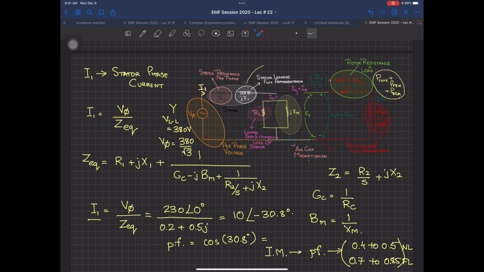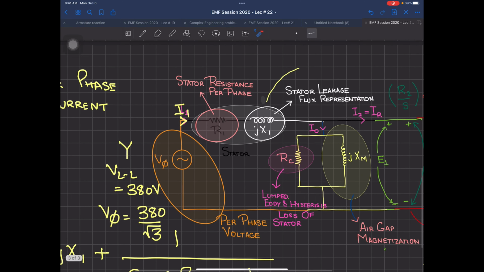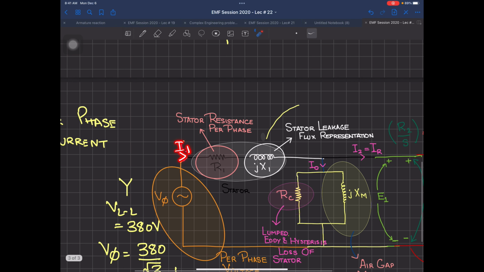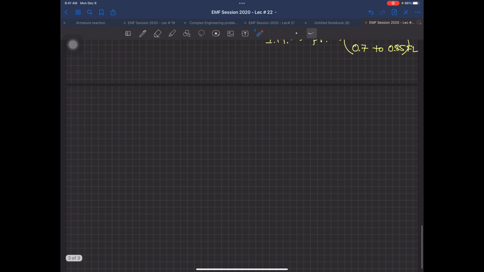Now when you have got I1, which means that now you have found out this I1 current which is flowing over there. This is the total current per phase. So now this current is flowing through this resistance. So this means easily, now you can have the stator copper losses, which will be equal to I1 square R1 multiplied by 3. 3 is applied here because it's a 3-phase machine.